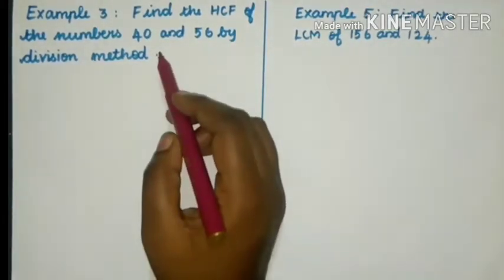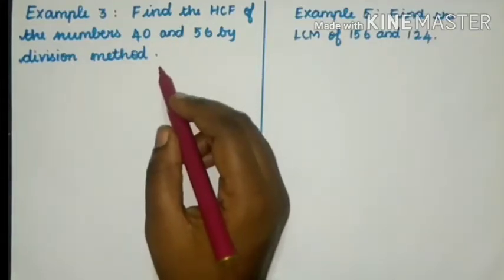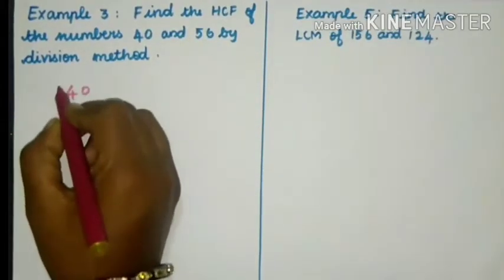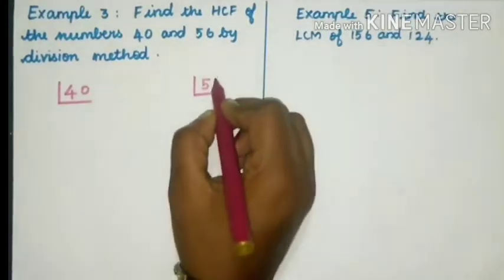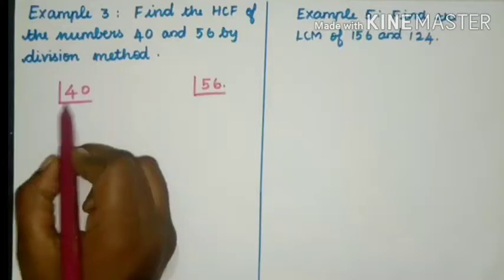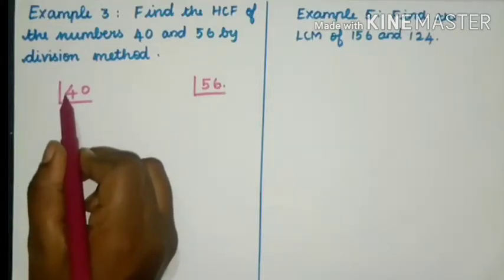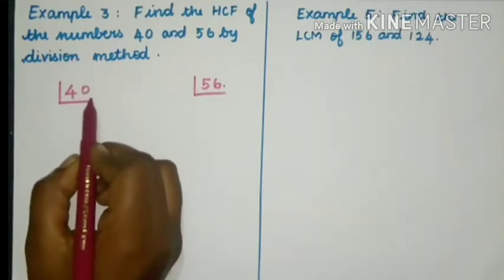For that, what we have to do first? Yes, we have to write the numbers separately by using the division method, as you already know how to find the prime factorization using the division method. 40. Here 40 is an even number. It is divisible by 2 and it is also divisible by 5 because the ones place ends with 0.